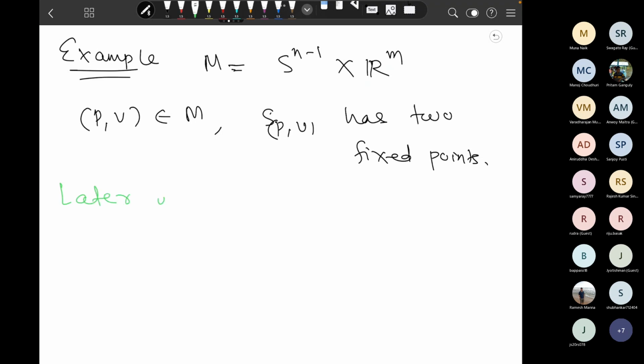So we will divide or categorize symmetric spaces into three types, which will come later.